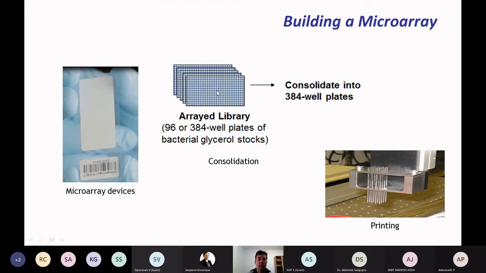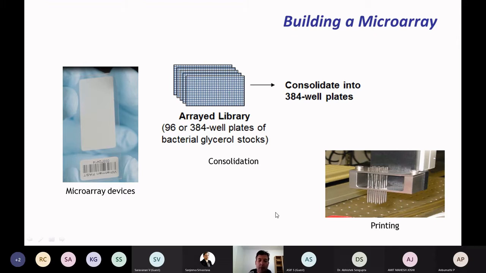For the consolidation of the library, here I'm showing you how we can get the consolidation of a library of phages. We start with the Petri plate with the different phage colonies that have to be manually picked with a robot in a 96 well plate containing PBS and 2.1%, that is our recommended buffer for printing.